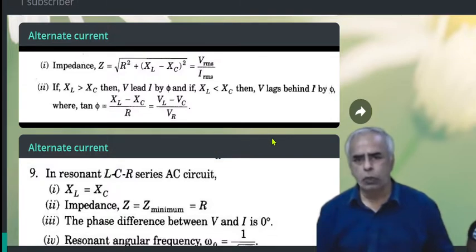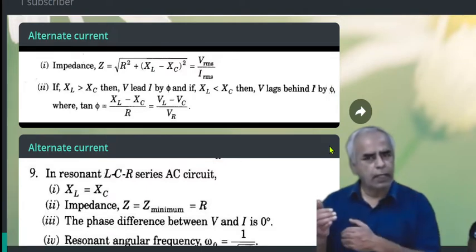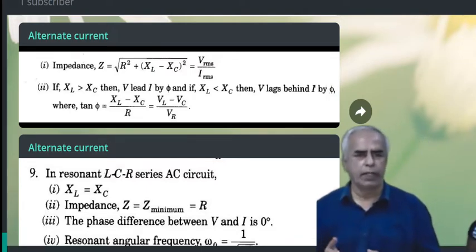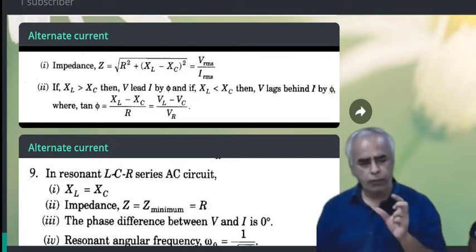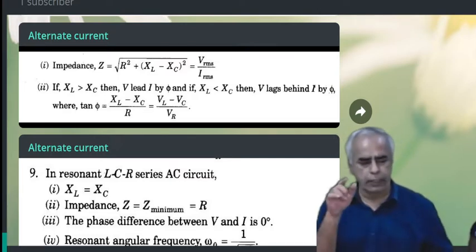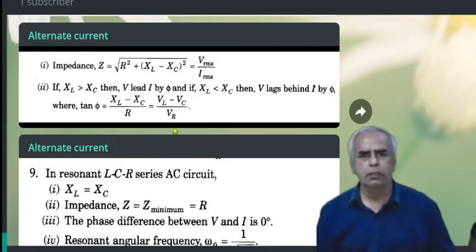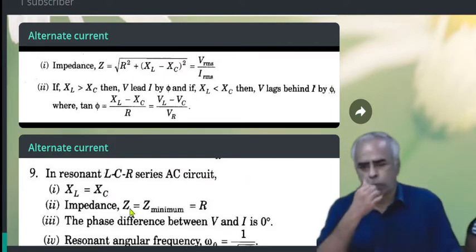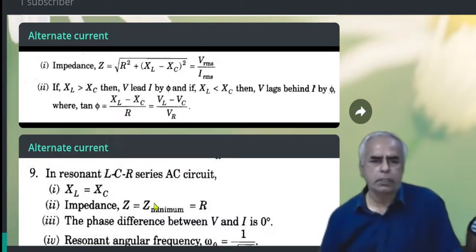And also if XL is less than XC, then V lags behind I. By how much angle? Phi angle. And this tan of angle phi is equal to XL minus XC whole divided by R, is it not? So this tan phi can also be given in terms of voltage: VL minus VC divided by what? VR. Are you able to follow?